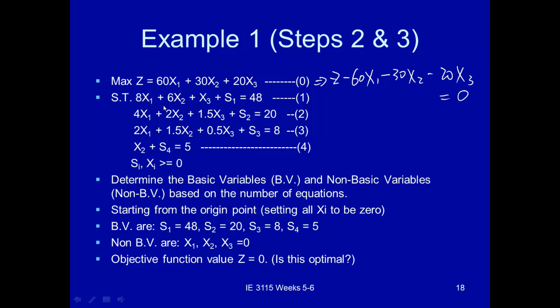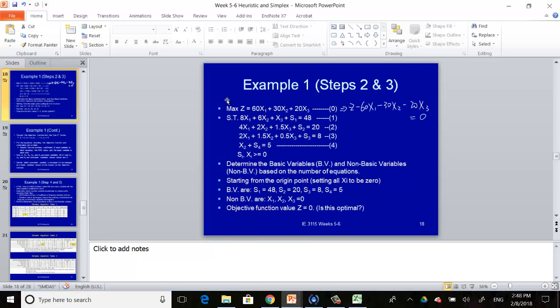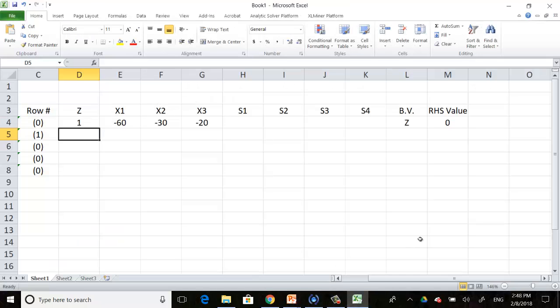We have x1, 2, 3, s1 coefficients: 8, 6, 1, 1. Z is 0. So 8, 6, 1, 1, and nothing for s2, 3, 4.